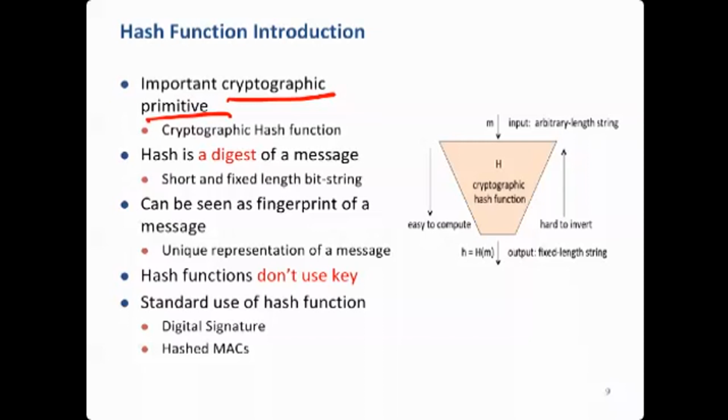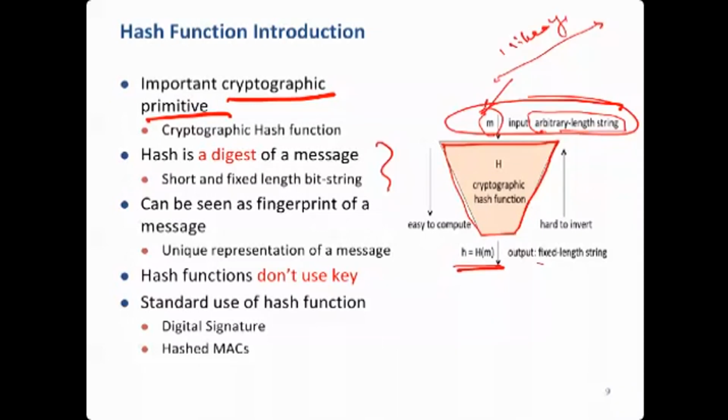It's a short but fixed length string. So the input could be, for example, your file of 1 megabyte, but when you pass it through a hash function, the output is always a fixed size string, say 128 or 256 bits, whatever algorithm you're using.